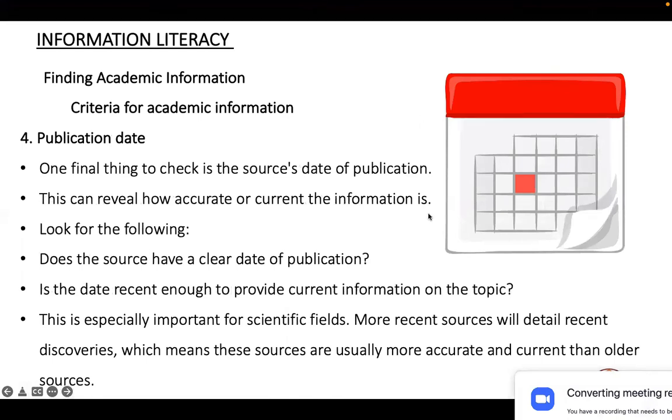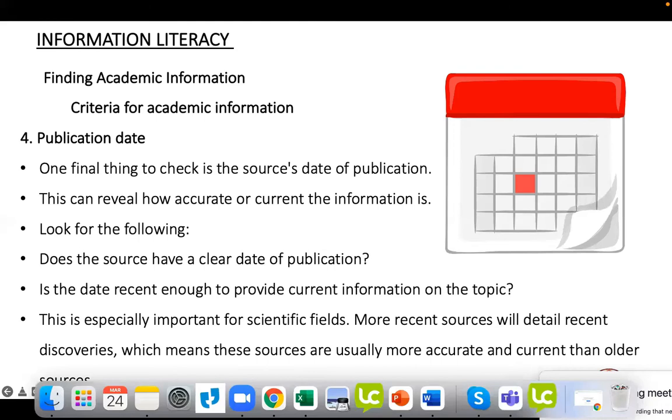So the publication date is important. Who wants to tell me why the publication date is important? Anyone?